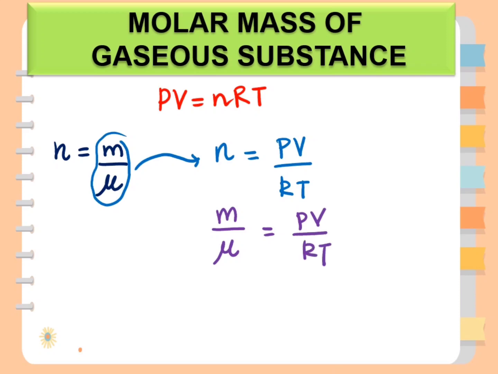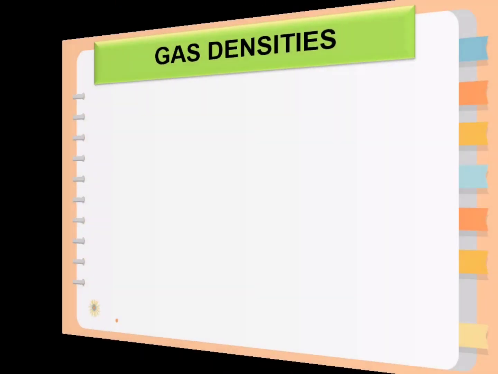And then, saya susun formula ni untuk jadikan molar mass sebagai tajuk utama dia kan. So, molar mass equal to mRT over PV. So kita dah dapat formula yang baru untuk relationship ideal gas equation dengan molar mass.